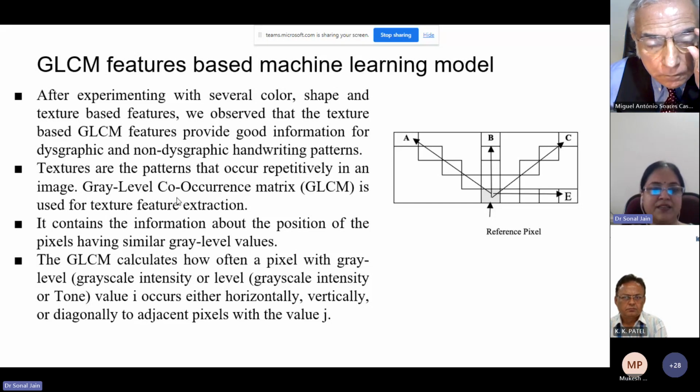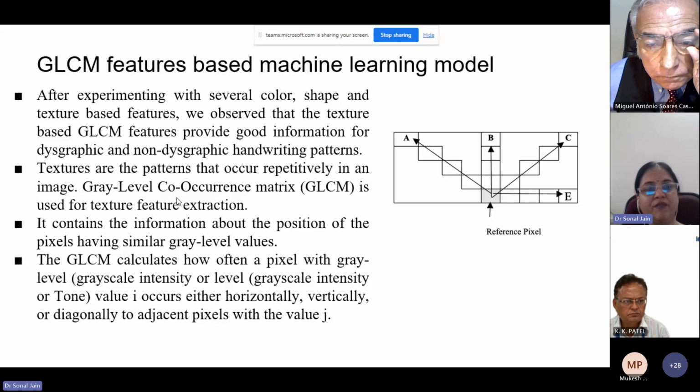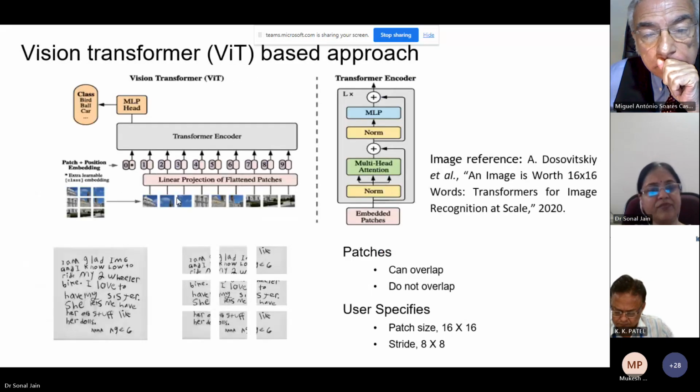At times, it also happens that some words in between are darkened, some words in between are light. So we thought a texture-based algorithm would give us good results. And we could explore good features based on the GLCM algorithm.